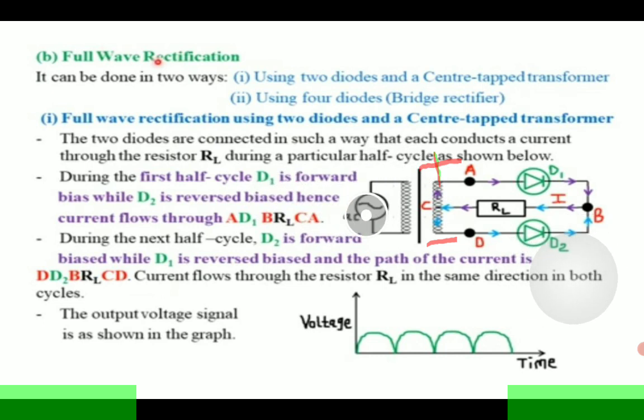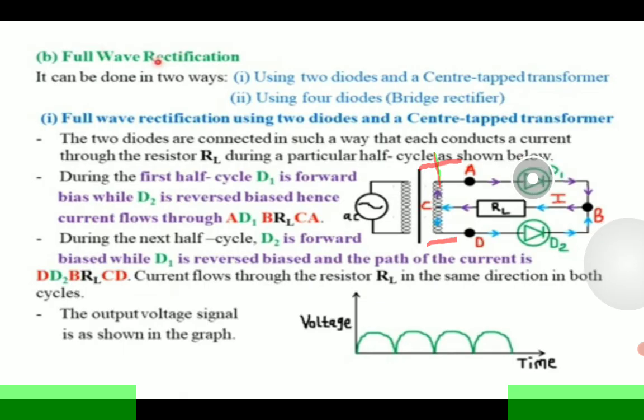During the first cycle, we consider this part here, which is positive and is connected to a positive terminal of the diode. Remember, when you connect a positive end of the diode to a positive end of a voltage source, we say that it is forward biased.